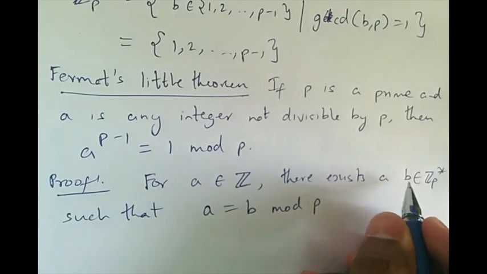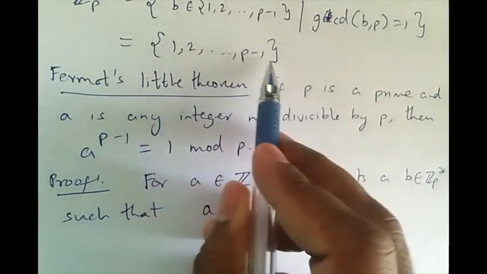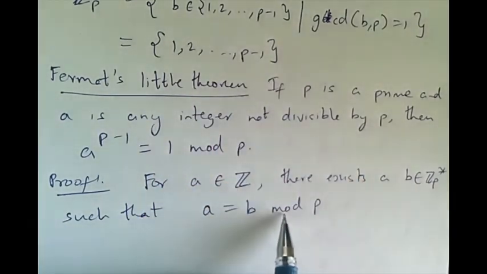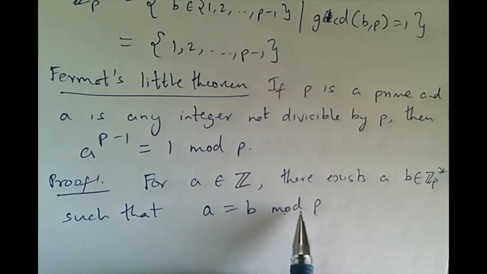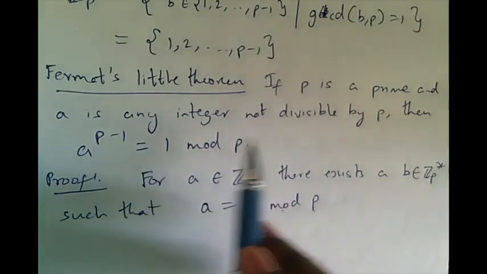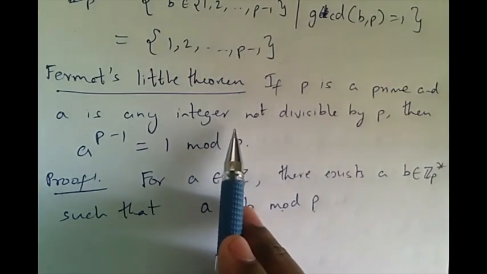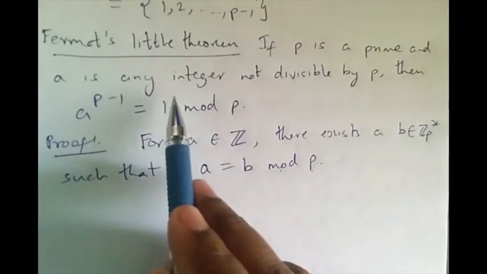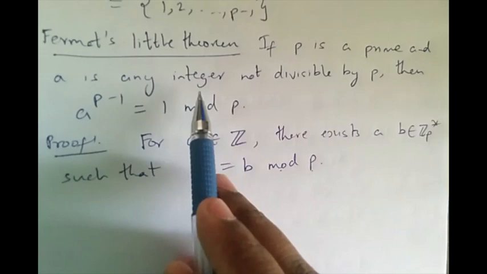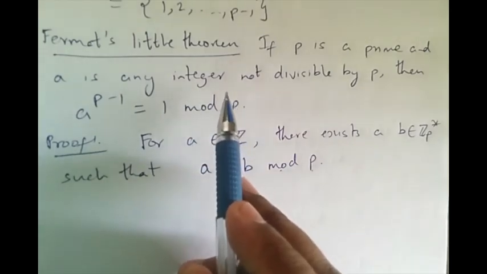Zp star consists of the integers from 1 to p minus 1. If I do modulo p, a mod p is going to be some integer from 0 to p minus 1, 0, 1, 2, 3 up to p minus 1. But the theorem says that a is some integer which is not divisible by p.